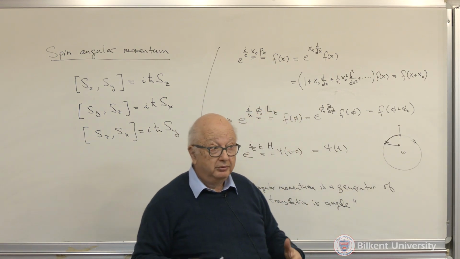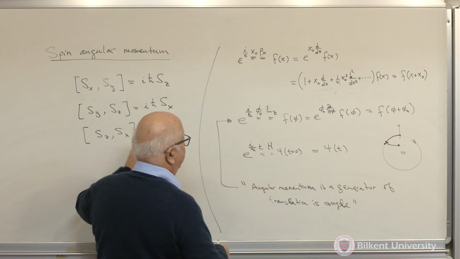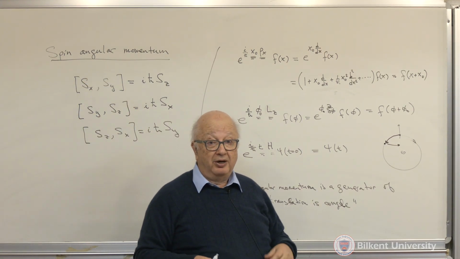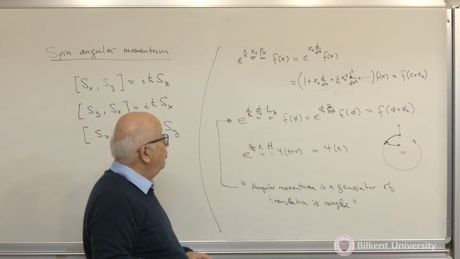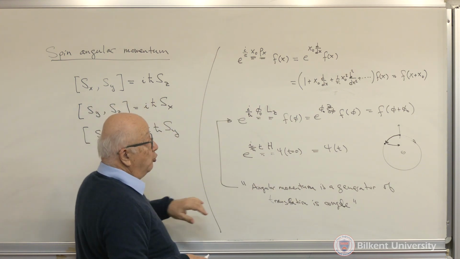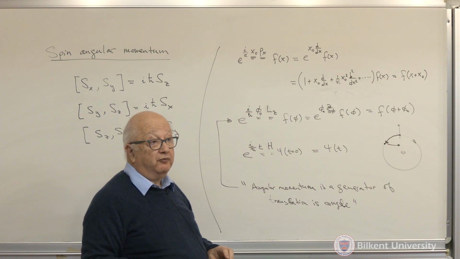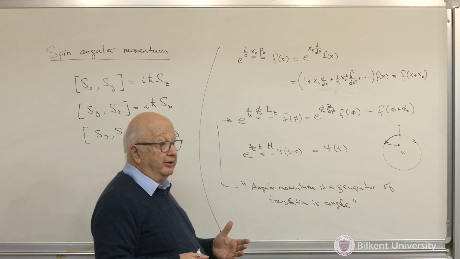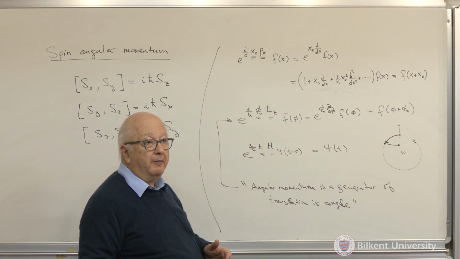So the reason I have gone through this is because I have just written these things down in some ad hoc manner. We know why these things should be so for orbital angular momentum, but for spin angular momentum, obviously, we do not have an r cross p type of term.